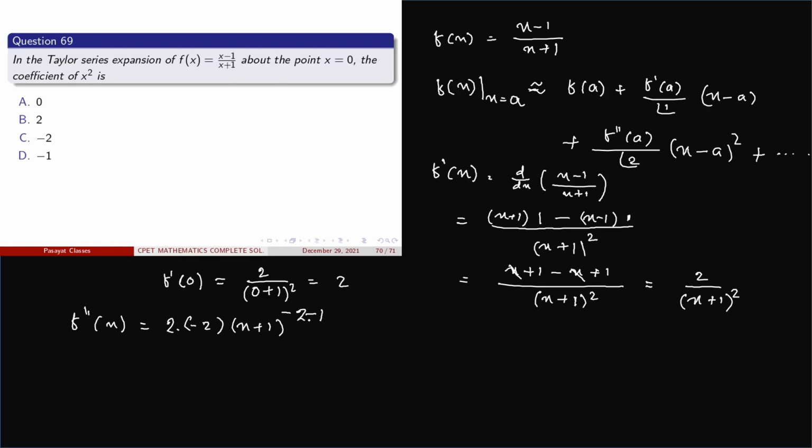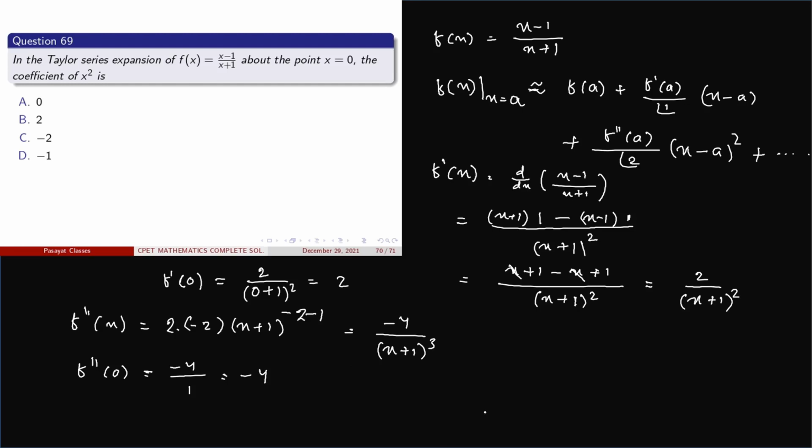So finally, this is equal to minus 4 divided by x plus 1 cube. Clear? And the value of f double dash of 0 is equal to minus 4 by 1, that is minus 4.